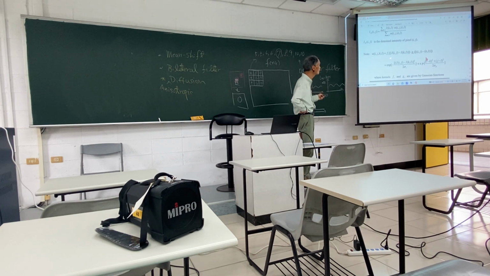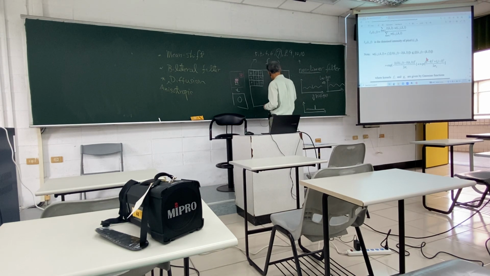The weight is given by f_r and g_s. If we use a Gaussian function for f, then this will be its mathematical equation. That's the difference of gray value. (i,j) and (k,l): (i,j) is the center of the window.